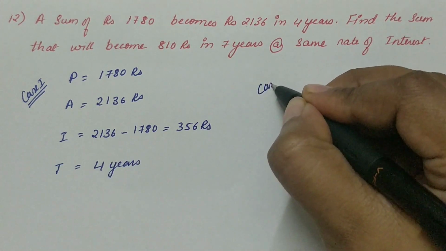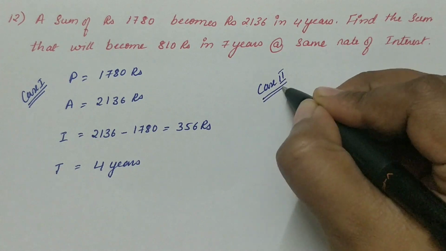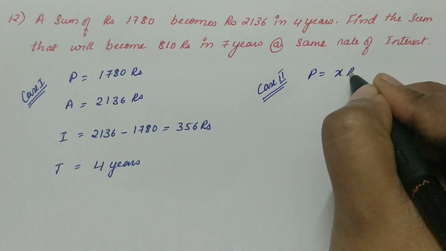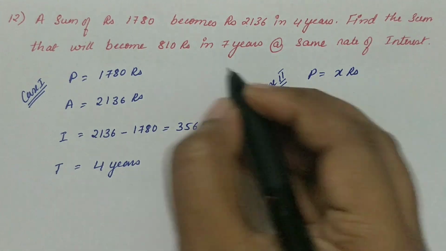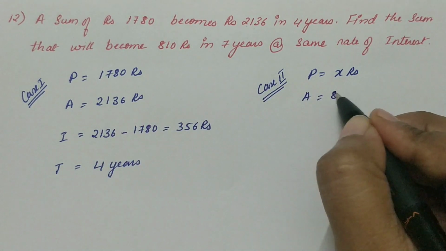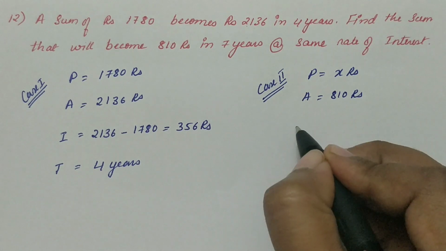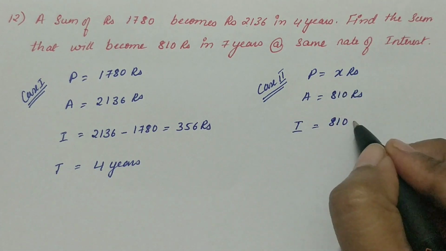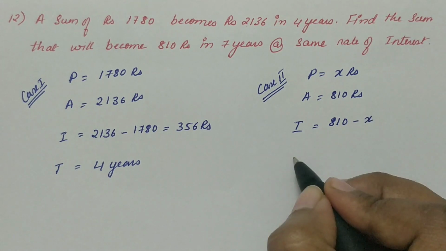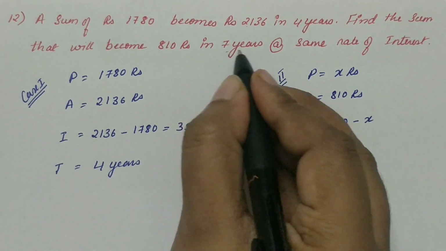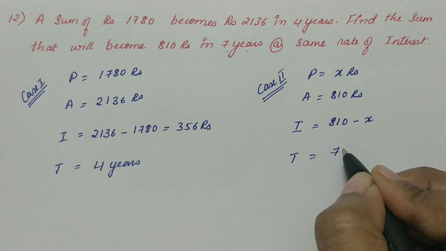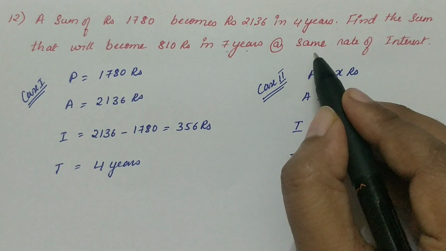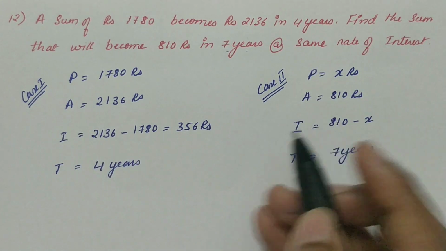In case 2, principal is not given, let it be X rupees, amount equals 810 rupees, then interest equals 810 minus X, time equals 7 years, and given rate of interest is same in both cases.